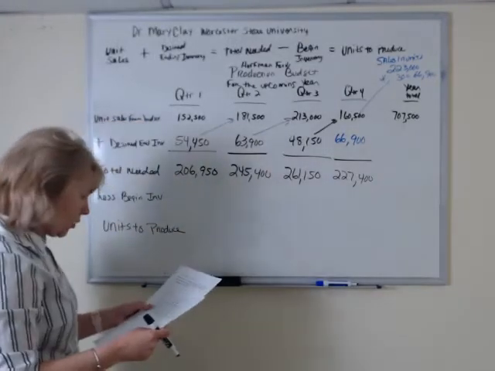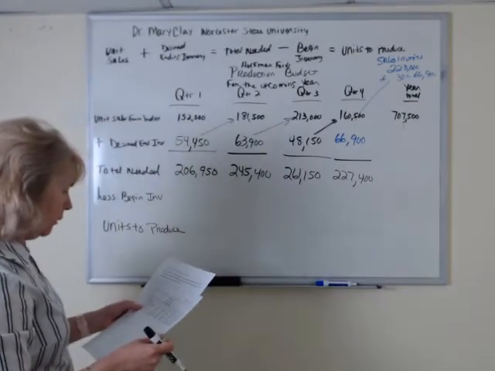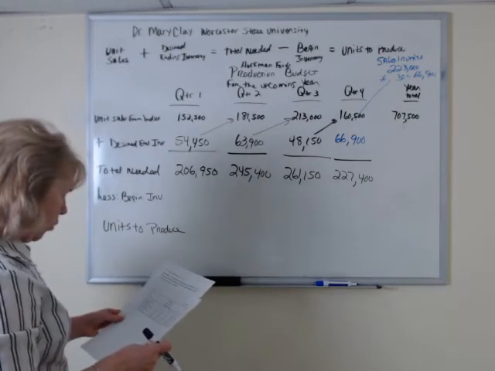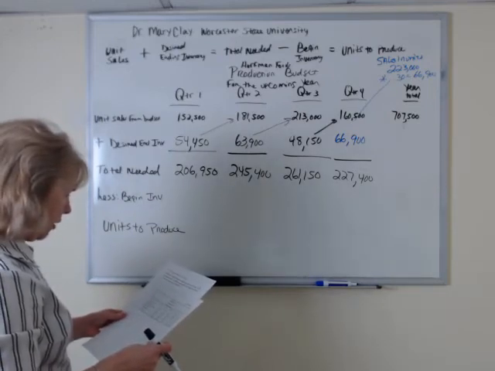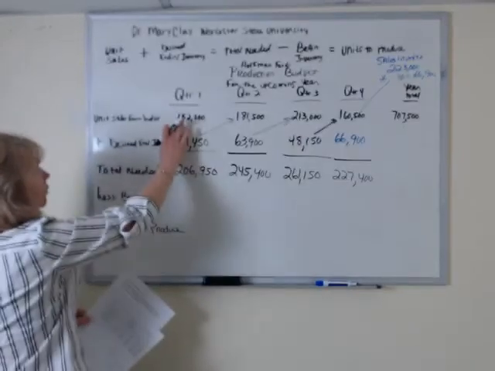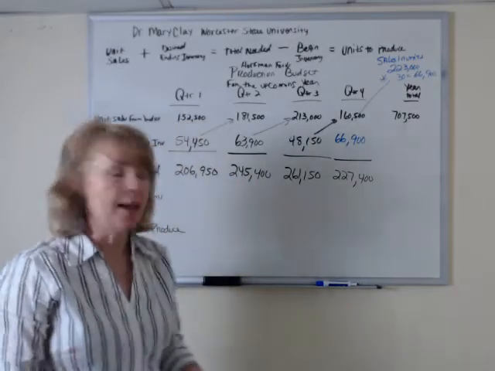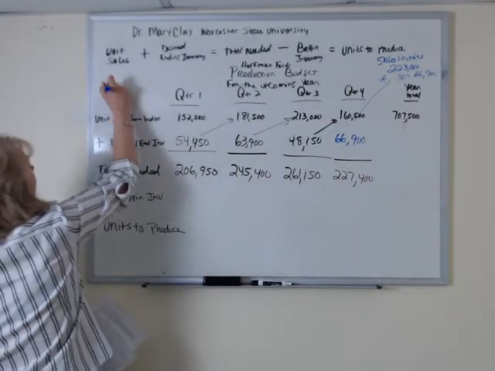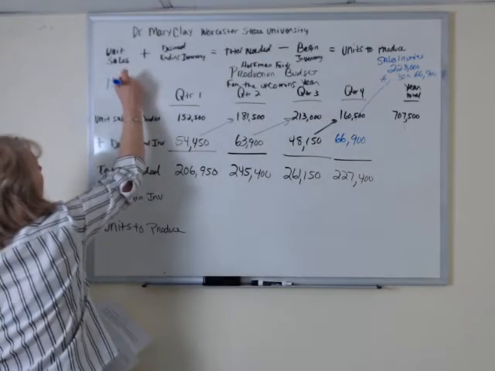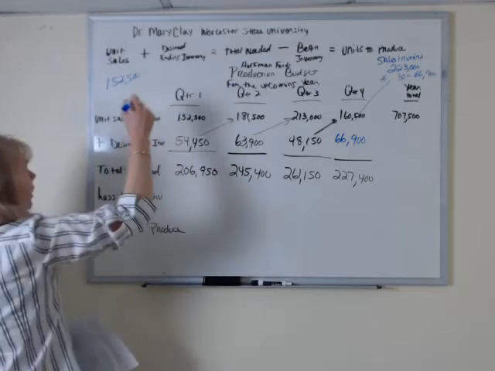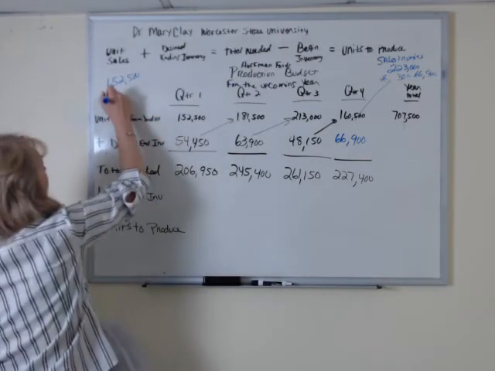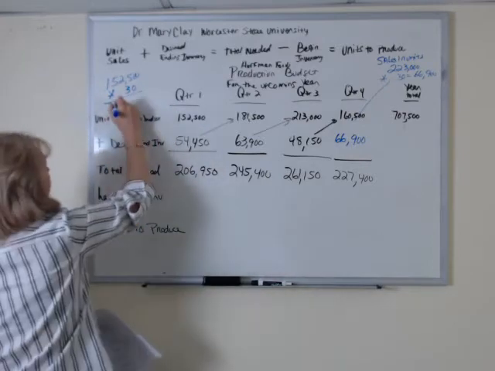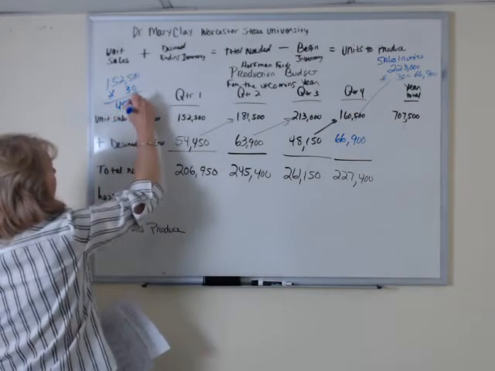All right, so now let's do beginning inventory, all right? So beginning inventory, we are going to take the unit sales. Remember, it's the next period sales, right? So let me do that in blue. So the next period sale, well, we have quarter one, 152,500. I multiply that by 30%, and that gives me 45,750.